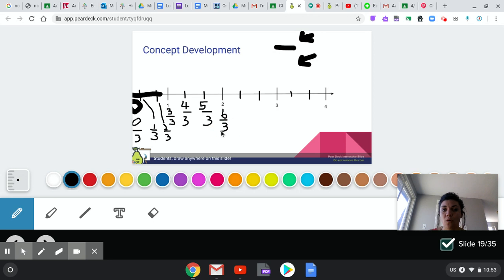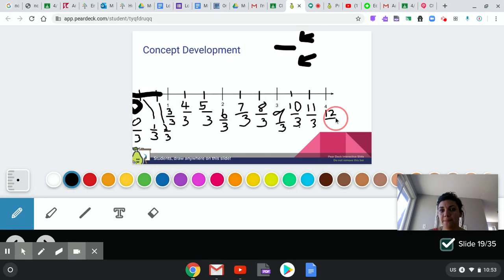which is the same as 2 wholes. Then we have 7 thirds, 8 thirds, 9 thirds, 10 thirds, 11 thirds, and then 12 thirds.